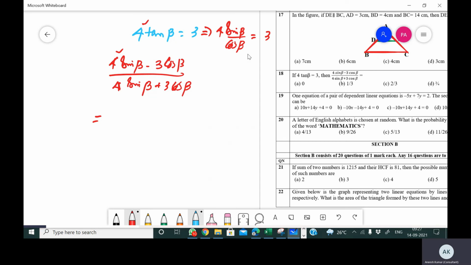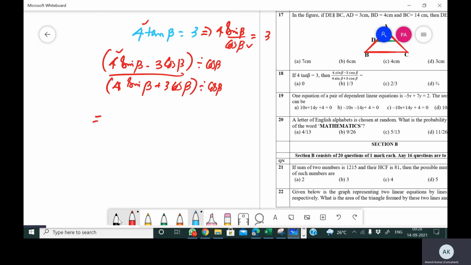Okay, there are many ways. One way is divide the numerator and denominator by cos beta. Why do we divide by cos beta? Because tan beta means sine beta by cos beta. Here cos beta is down. So that's why we divide by cos beta.